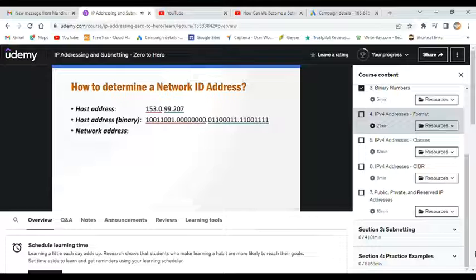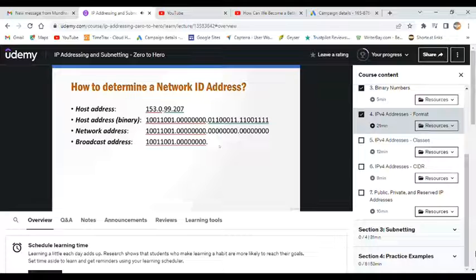To determine our network address, we're just going to copy the network portion, and into the host portion, we're going to put all zeros. So this is our network address. It's actually going to be 153.0.0.0. How do we determine the broadcast address? We're going to copy the network portion, and we're going to use ones instead of zeros in our host portion.